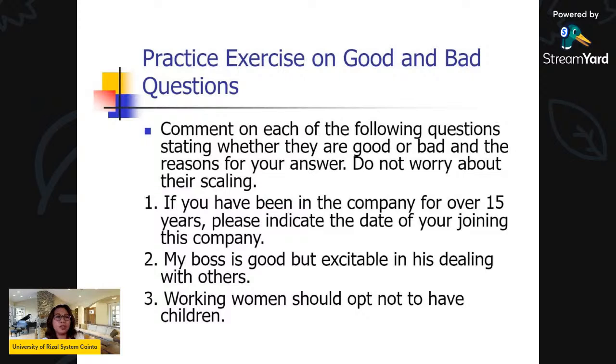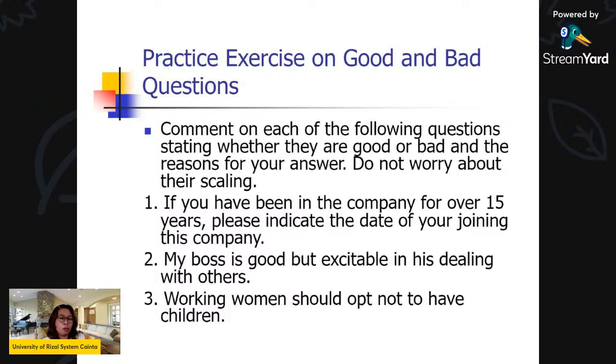Now, let's practice also the exercises in good and bad questions. Comment on each of the following questions stating whether they are good or bad and the reason for your answer. Do not worry about their scaling. Meaning to say, hindi natin siya i-acquire, hindi natin siya kailangan maging basis.